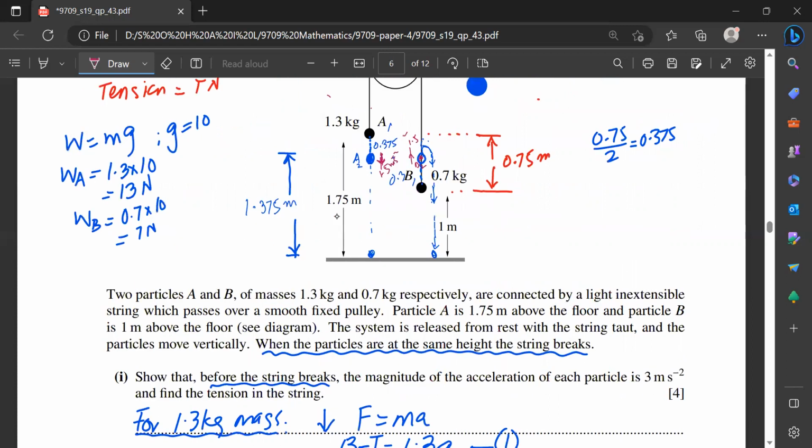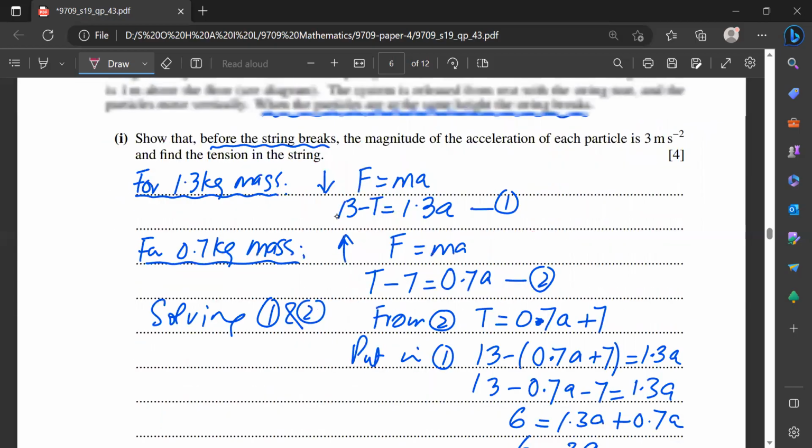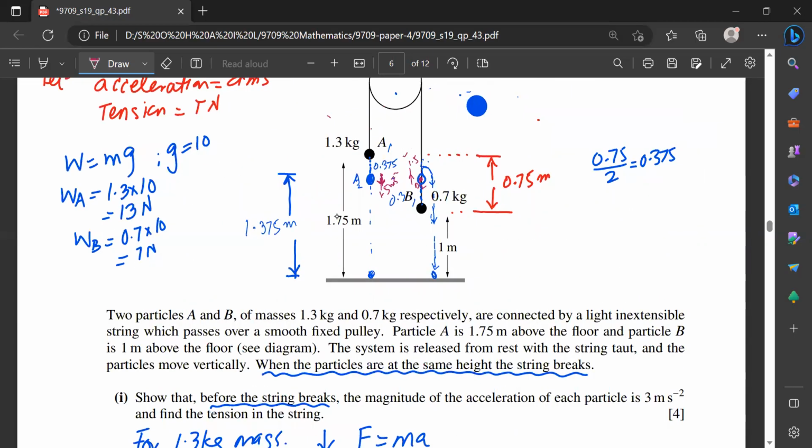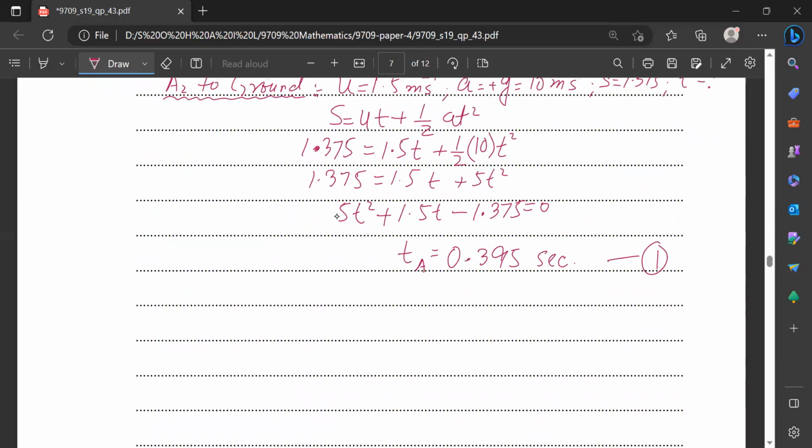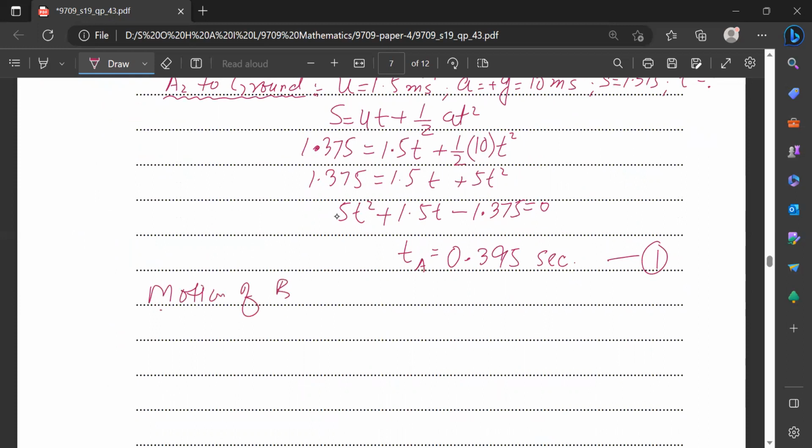Next, coming to the B particle. From B1 to B2, it is moving with an acceleration of 3 meters per second squared. So the things are common. The speed at A2 is the same as at B2. So now I can discuss the motion of B from B2 to the ground.